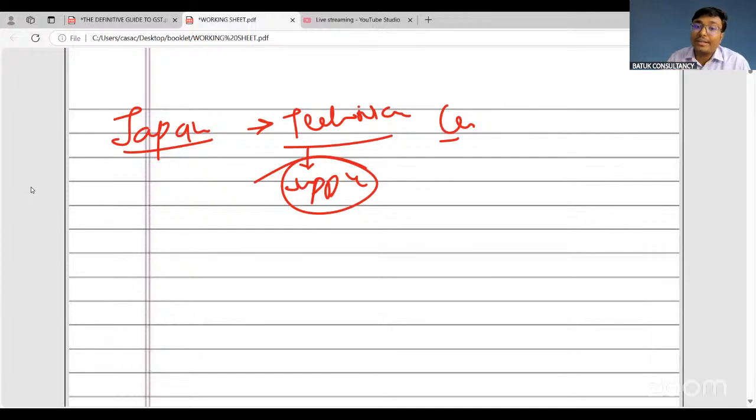Now, let us understand it with one practical example. While checking the financial statements or the ledger of your client, you find a specific transaction of your client with a foreign entity. You ask your client about it: sir, in this transaction you have given an amount to the foreign entity, so is it related to you?